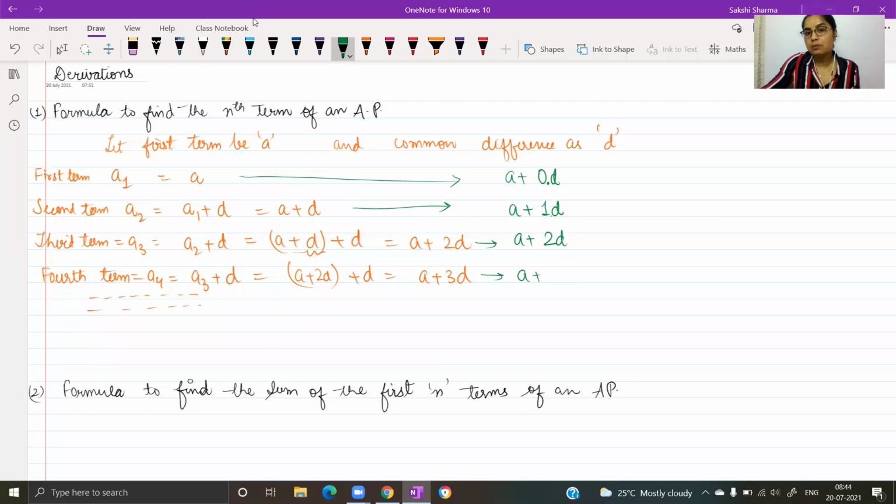Fourth term में हमने thrice the common difference add kiya hai. So generalizing from here, the nth term represented by an will be equal to a plus n minus 1 times d. Just place wali hum term find out kar rahe hain. One less than that value is to be multiplied with the common difference. The first term is present in all these expressions.